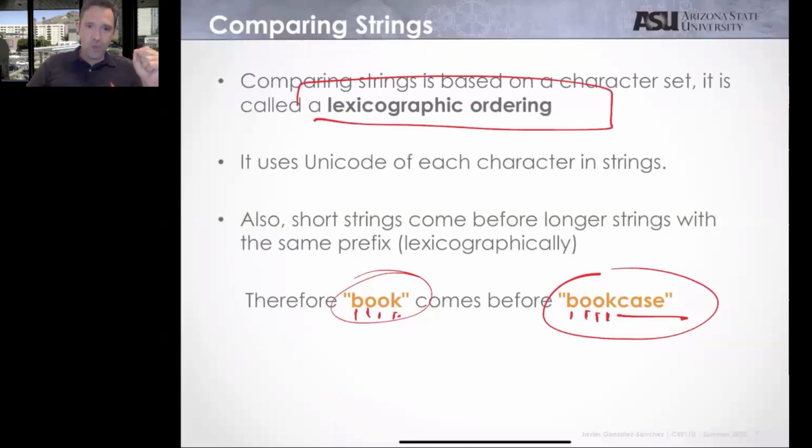Yes, it's going to be different. For instance, that's a very good question. What happens if one string is book and the other string is Book, uppercase and lowercase? They are not the same, and one of them is going to be reported as the smallest one, and the other is going to be reported as the biggest one.